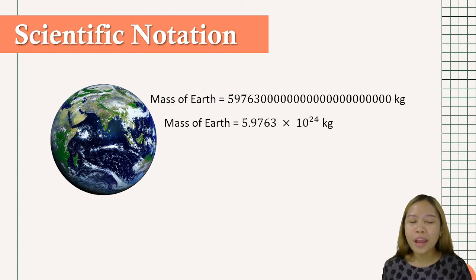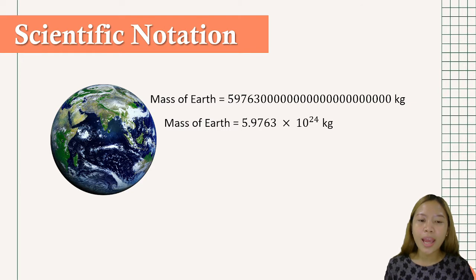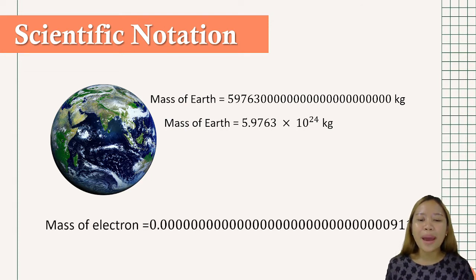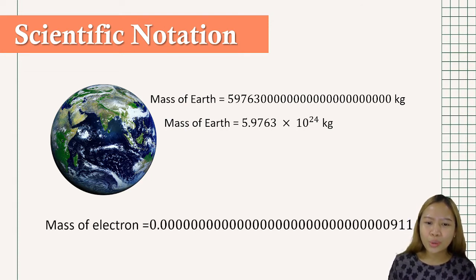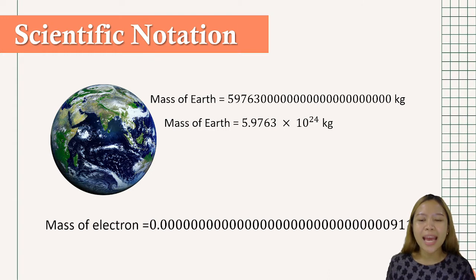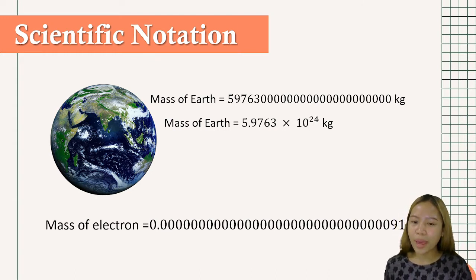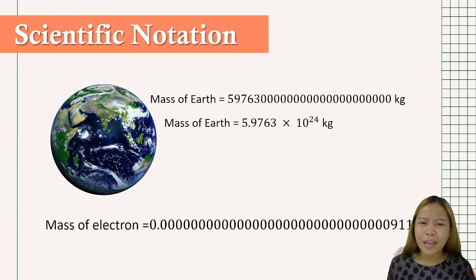So with that, for the mass of Earth, we have 9.763 times 10 to the 24th kilograms. Okay, so that is the same with the mass of the electron. The mass of the electron also has many digits. However, it has decimal places because its value is very small.